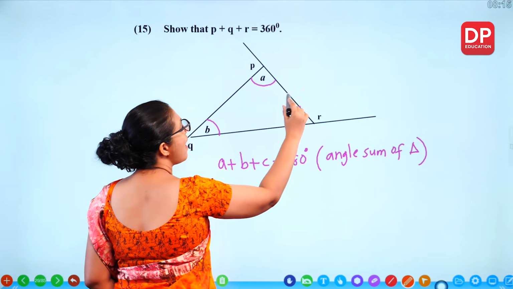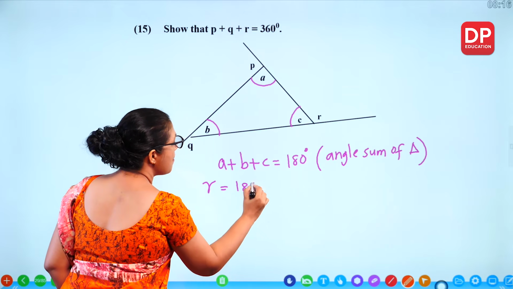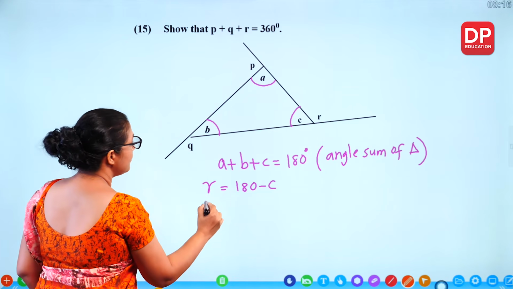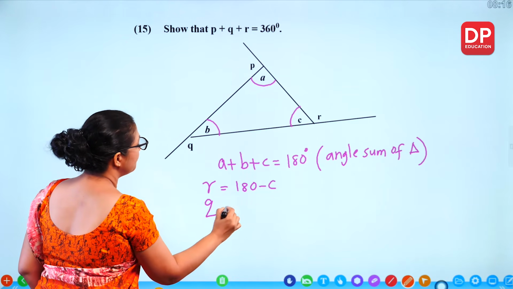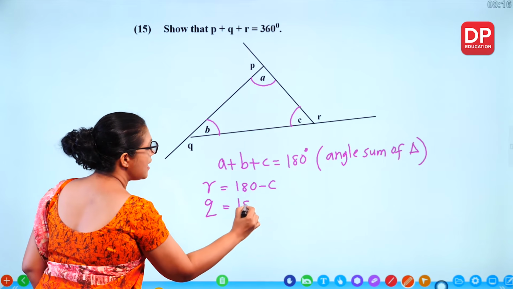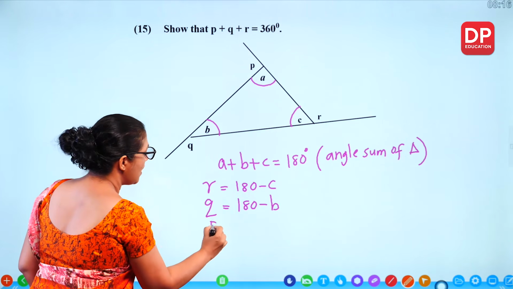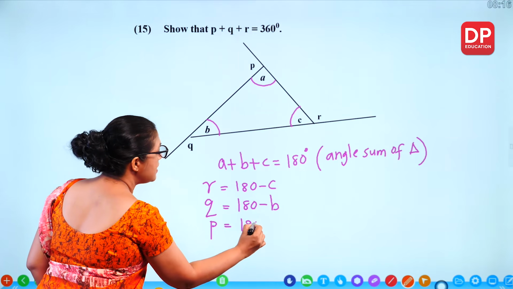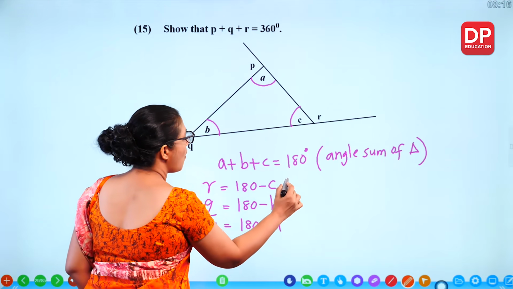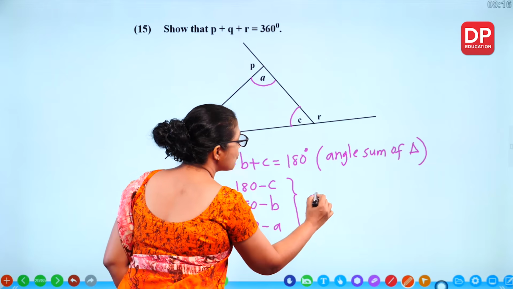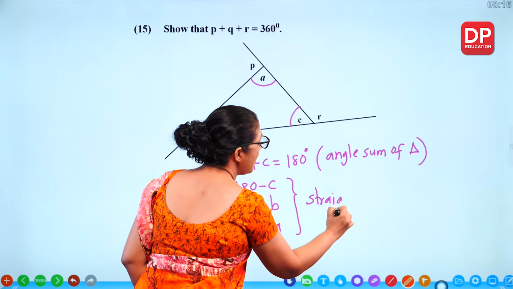R I can write 180 minus C. What's Q? Q is 180 minus P. And P equals 180 minus A. All these because of straight angles.